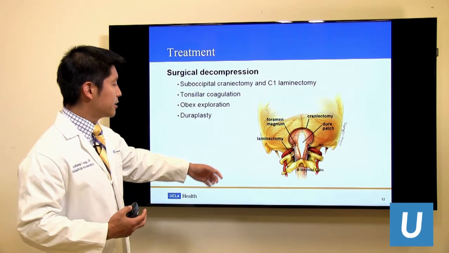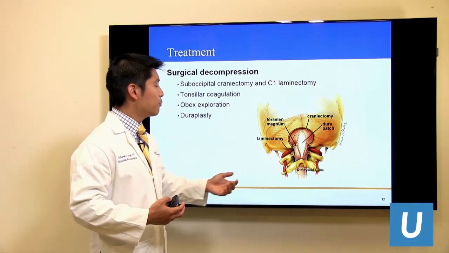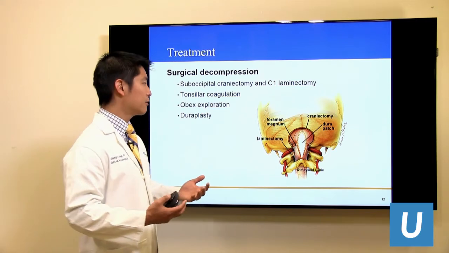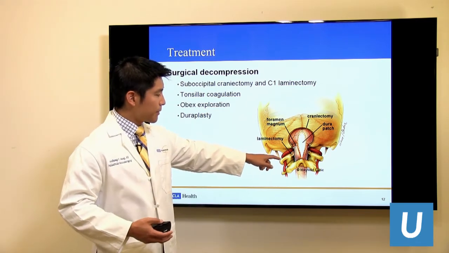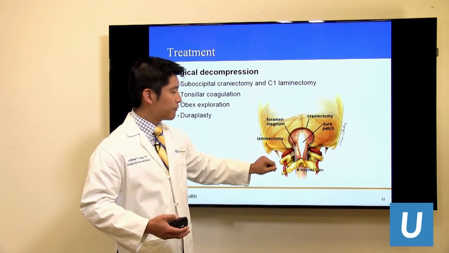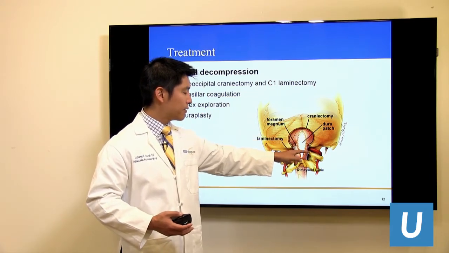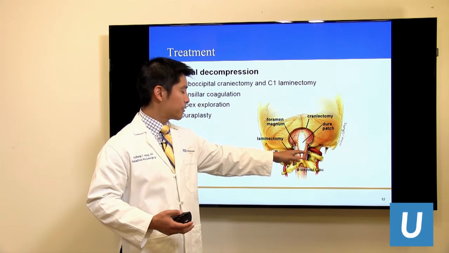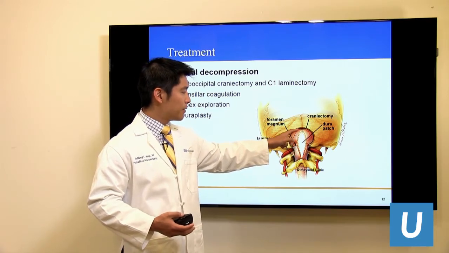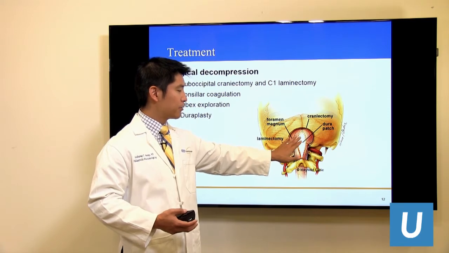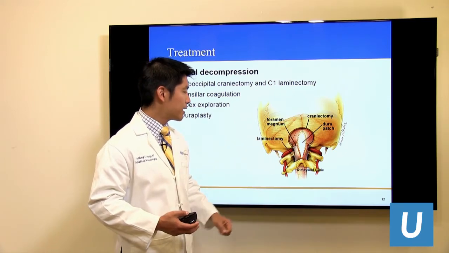Now, this is just an image depicting what all those treatment options that I just went over include. This is looking at a child from the back, and this is the bony opening here. We take off the back of the first cervical vertebra and open up a little bit of bone at the base of the skull in order to provide more space in the back.